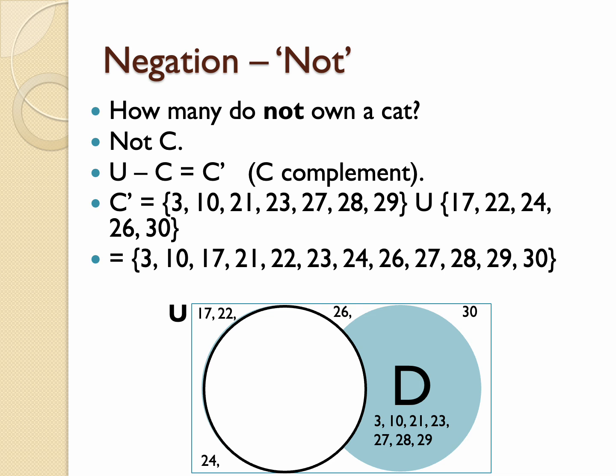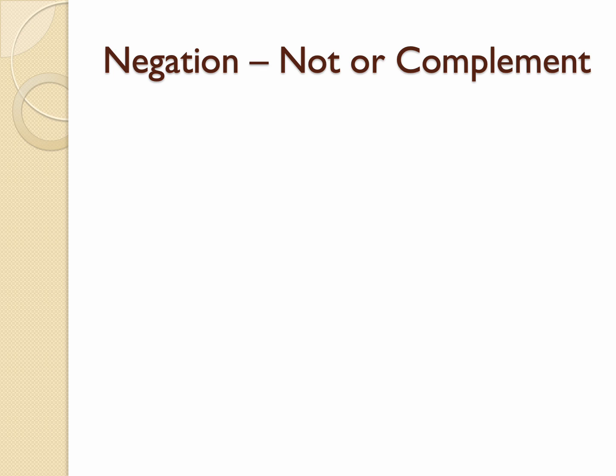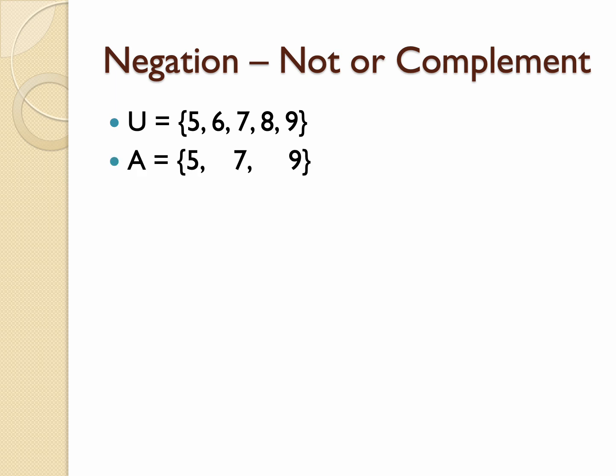Now let's see another example. So here's another example. Suppose U is the set on your screen. A is another set which contains some of the members of U. Obviously, the set has to be derived out of the universal set. So we remove all the members of A from the universal set, and we get A complement.